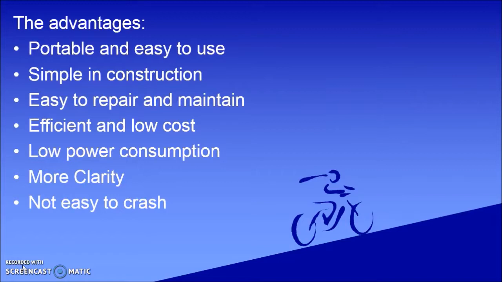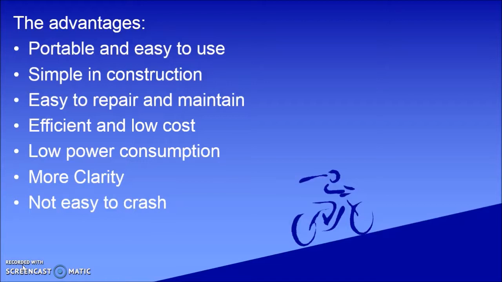The benefits of our robot are that it is portable and easy to use, because the main focus of our project is a mobile robot for children's education. Our project is also simple in construction and easy to repair and maintain.